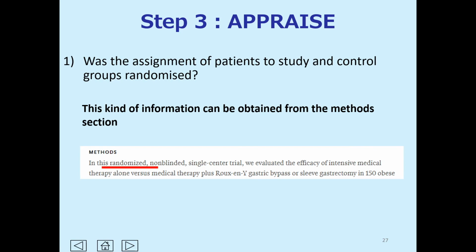It can be obtained from the methods section. As seen in this paper, the methods section says, in this randomized non-blinded single center trial. So this word randomized is here in the methods section. So you have to see the methods section to find out whether any study is randomized or not.